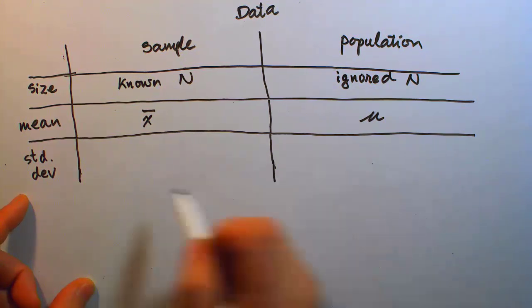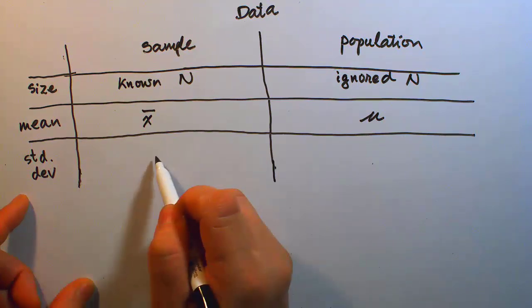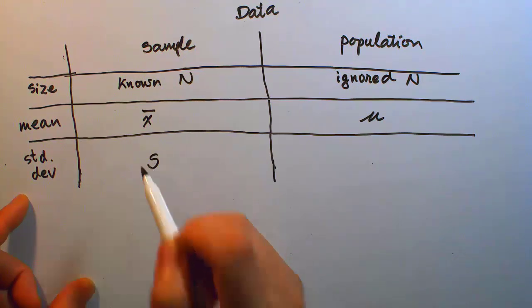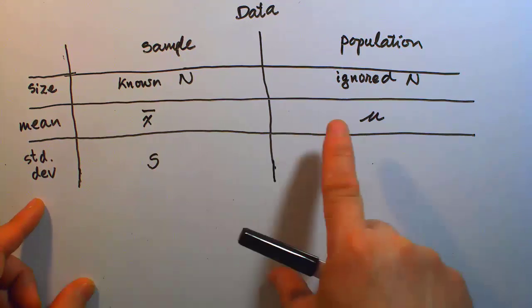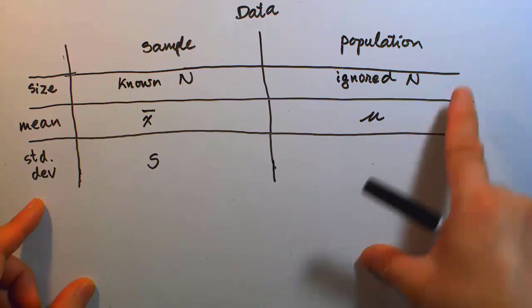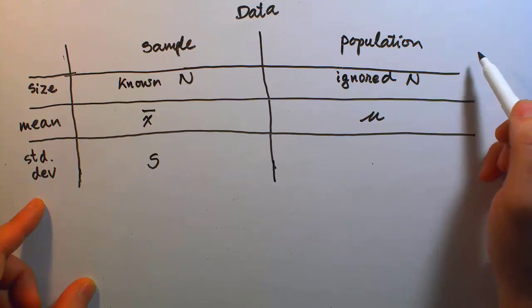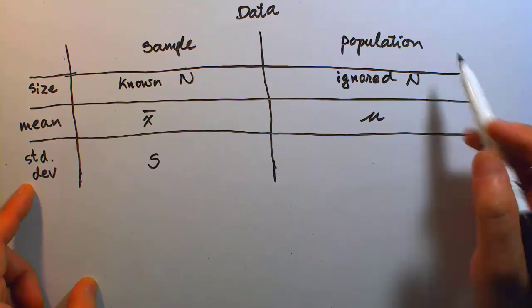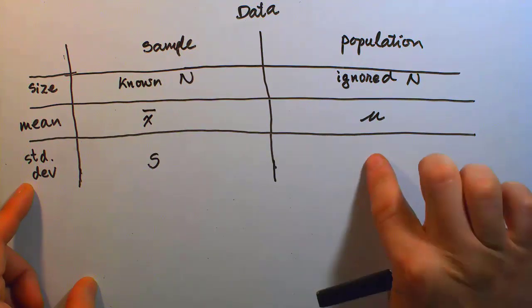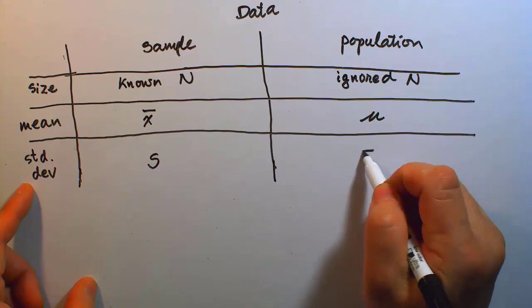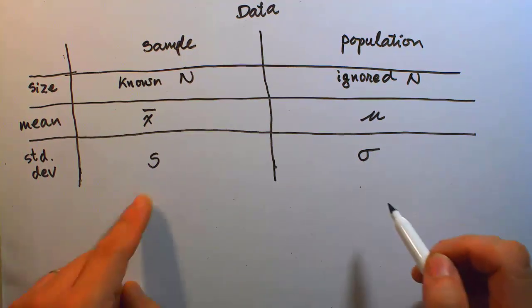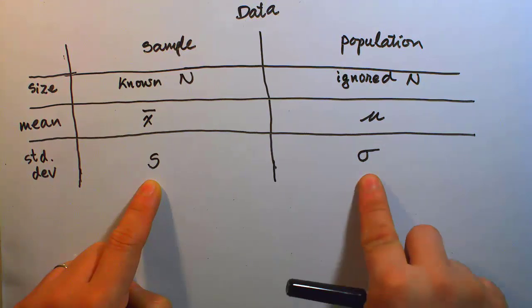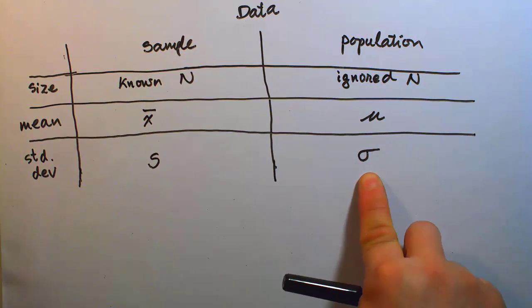The symbol we use for that, the symbol we've been using throughout the quarter until now, is the lowercase letter s. But when your standard deviation becomes a population standard deviation, in other words if you're calculating the standard deviation of population data, make sure you indicate it with the symbol sigma right here. So there's a sample standard deviation and a population standard deviation.